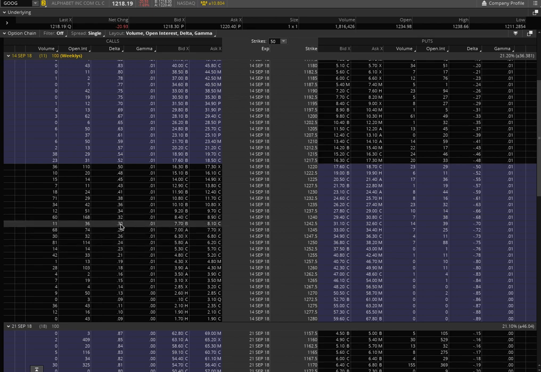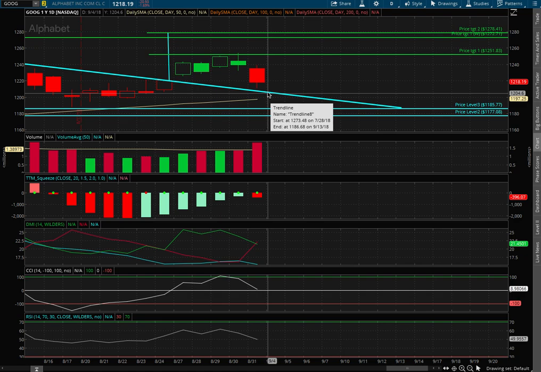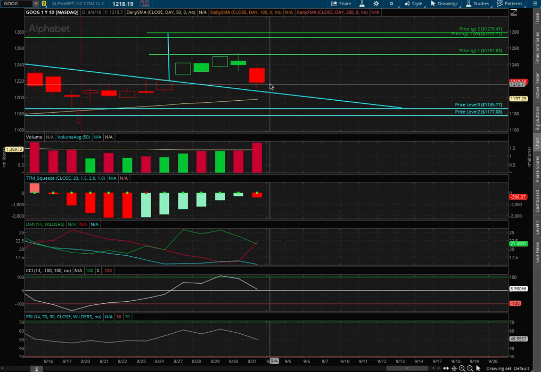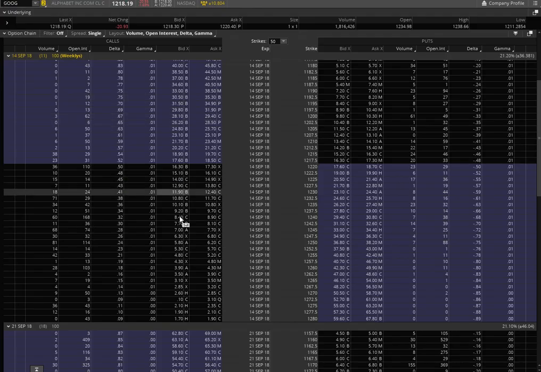If I was very confident that this was going to bounce, if I saw tomorrow that this was holding and coming back up and I saw good things, then I would be purchasing September 14th, 1242.50 options.